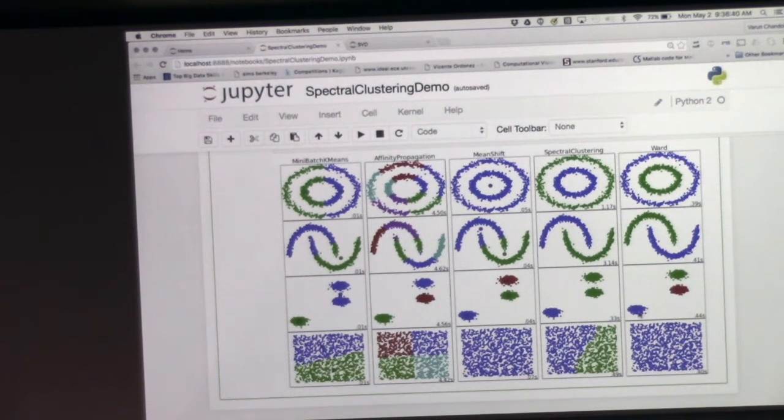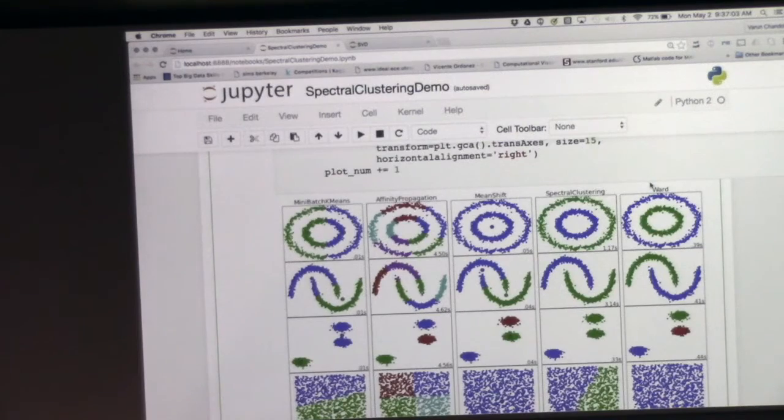Well, this is actually just a small subset of possible samples. I can always create a sample data set in which Ward would fail completely, right? The other thing is, if you notice on these, bottom right corner, this is the runtime of these algorithms, right? So if you see, Ward actually runs very slow, even for these small data sets, right? These data sets don't have more than a few thousand points.